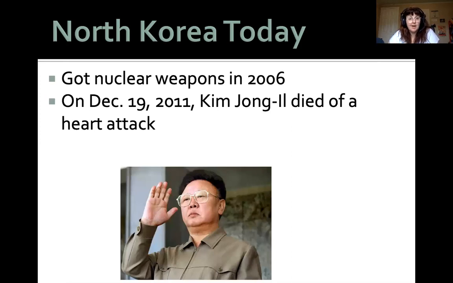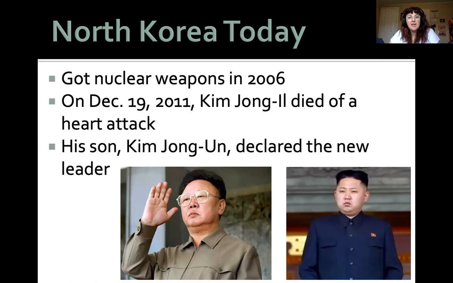Their leader for a long time had been that guy, Kim Jong-il, and he died in 2011 of a heart attack. And his son, Kim Jong-un, was declared the new leader, and he has been leader of North Korea since then.